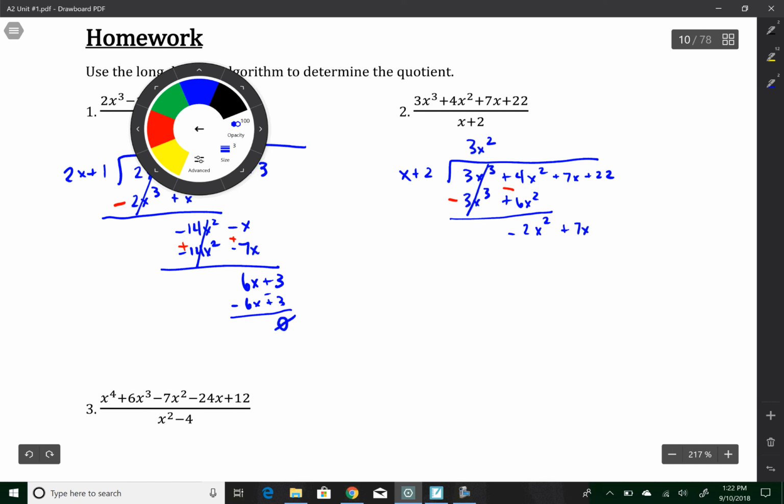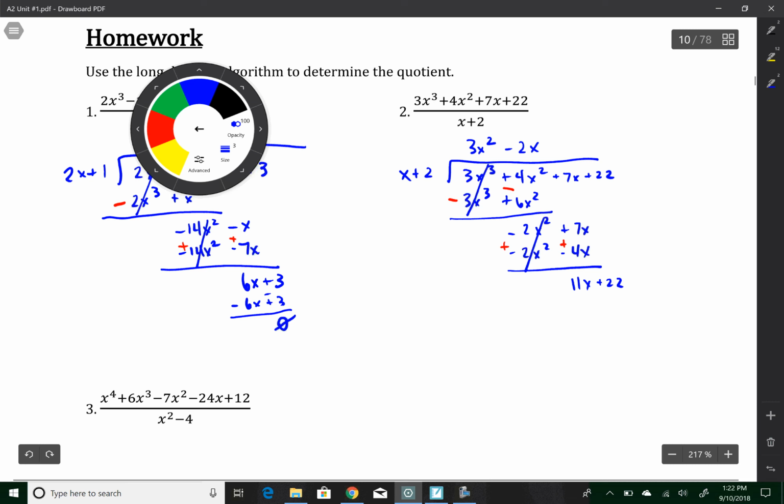If we multiply x by negative 2x, that gives us negative 2x squared minus 4x. This becomes a plus, this becomes a plus, and then we can cancel that first term. The reason why we're subtracting is to cancel or eliminate that first term. 7x plus 4x, well, that's 11x plus 22.